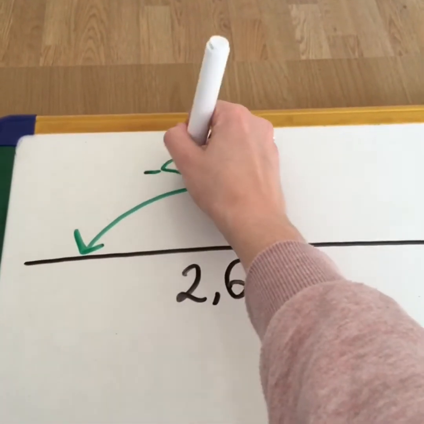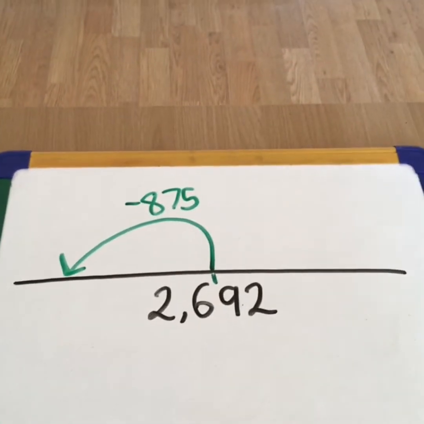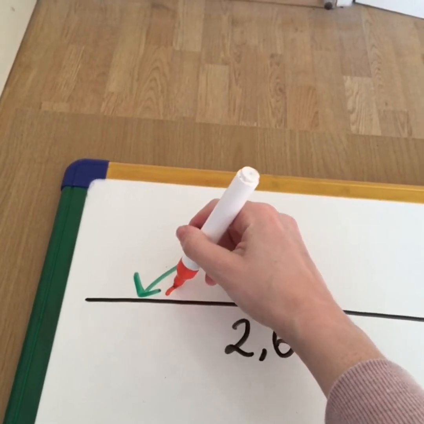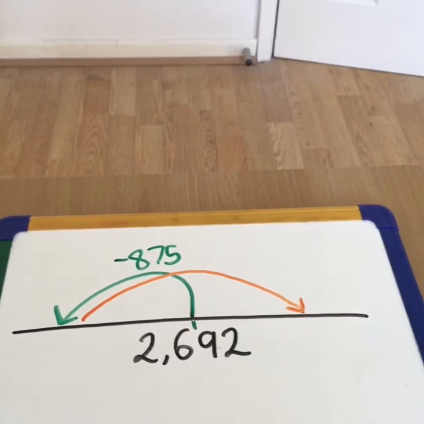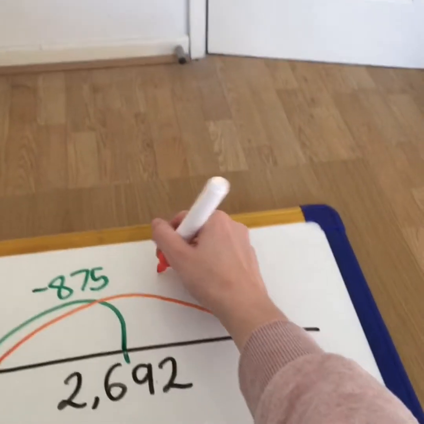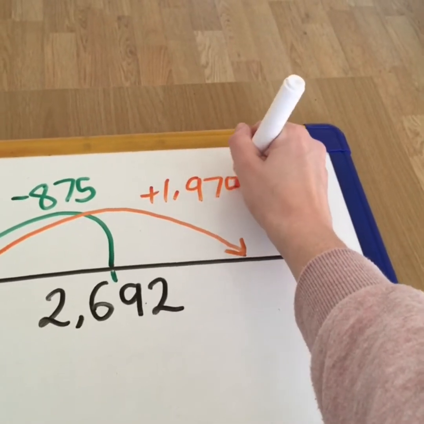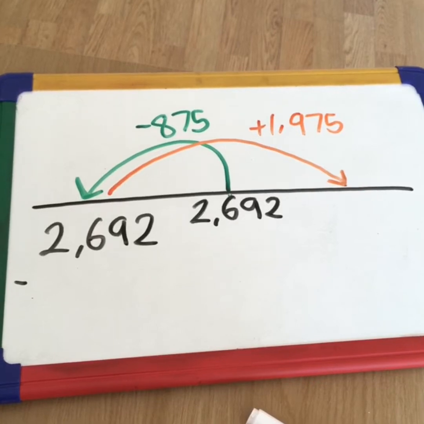We're going to take away 875 trees. However, we've also got some trees being planted. So from this number here, for them planting trees, we are then adding some more trees because the number is increasing, and we are then adding 1,975 trees.